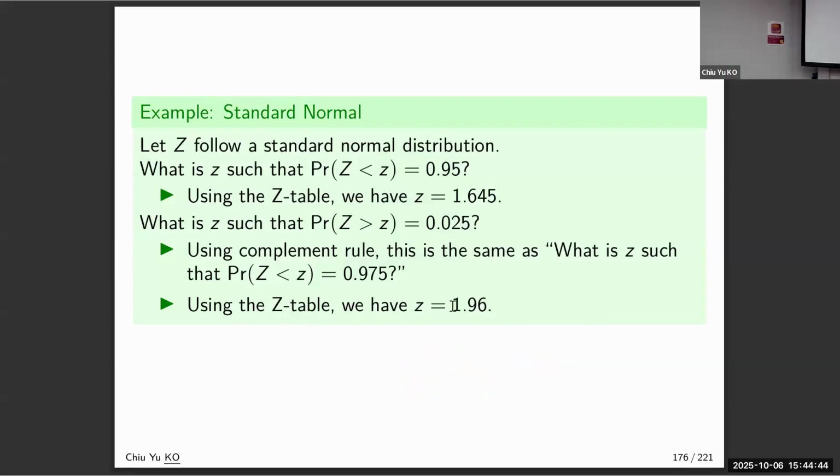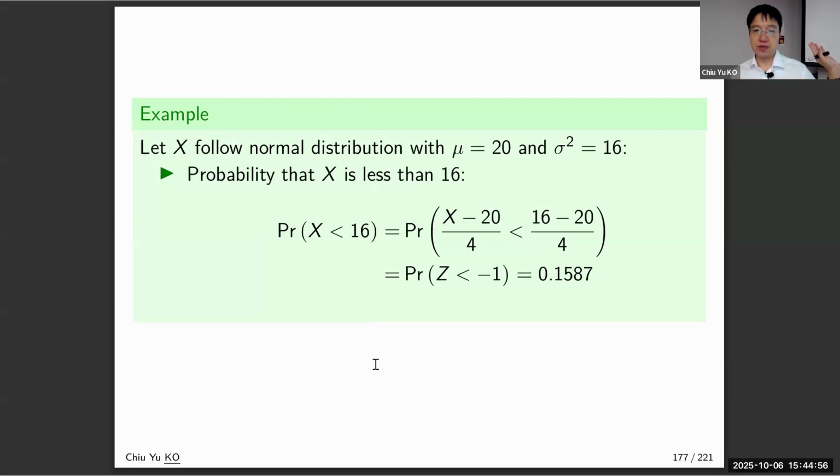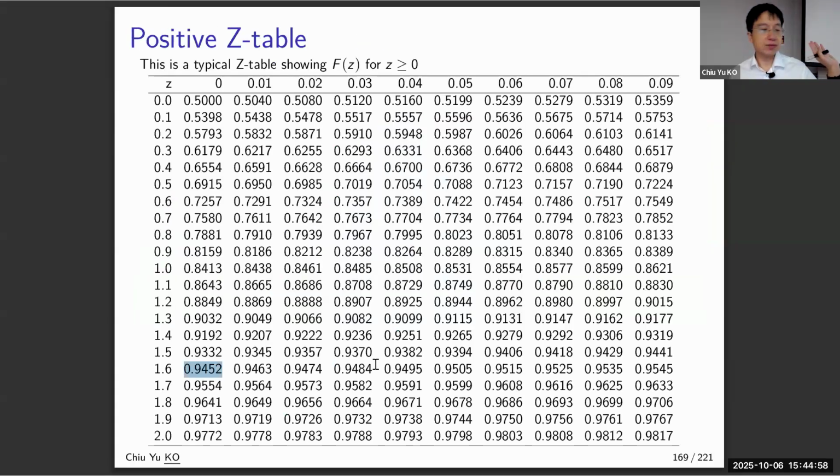We look at the table where the number is closest to 0.95, then read the column and row again. Find where it is closest to 0.95. Yeah, it's here, between these two numbers.